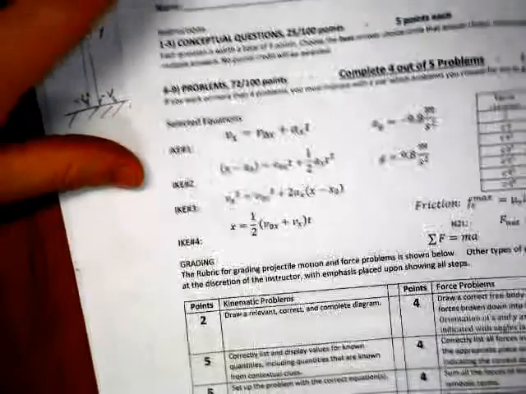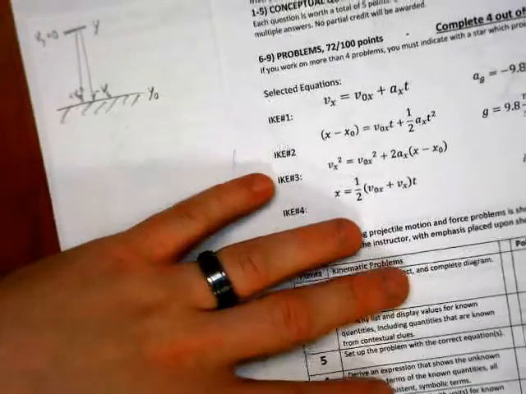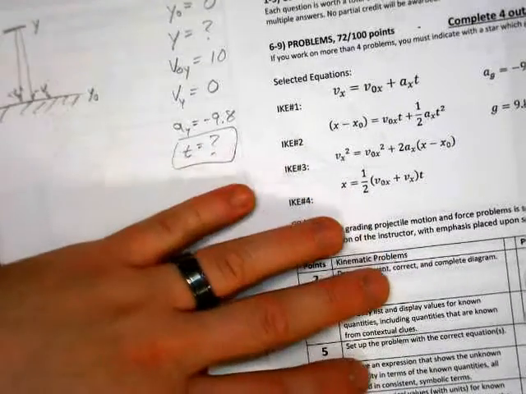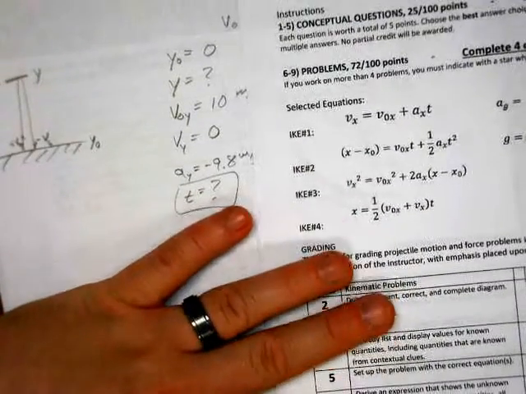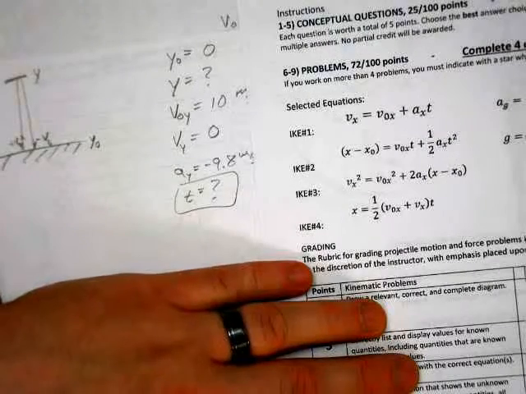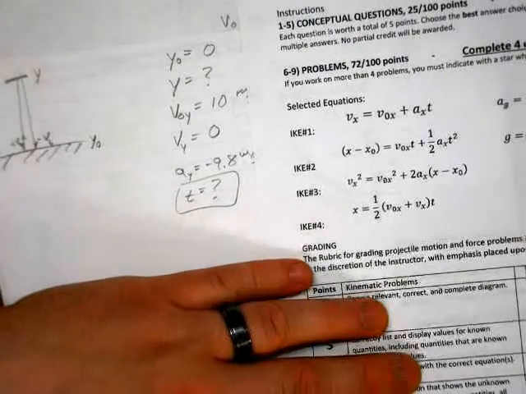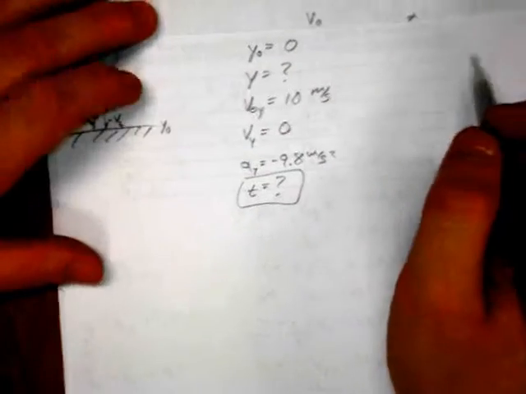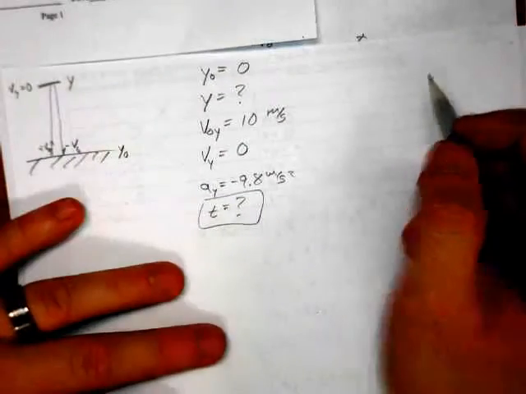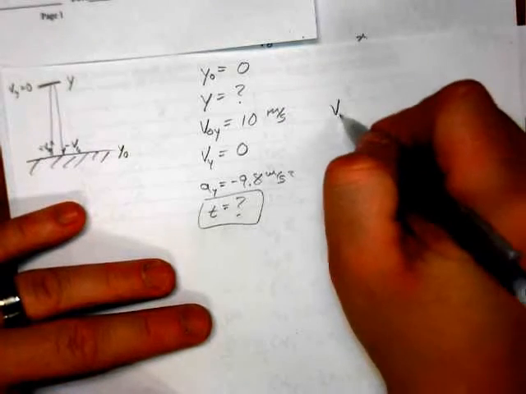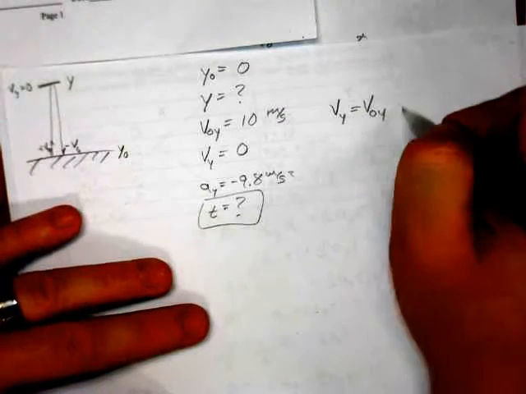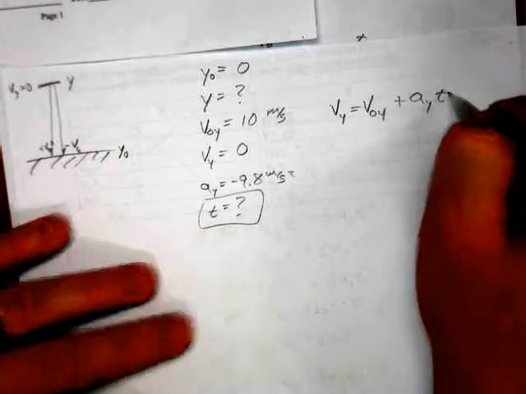All right, I'm looking for my equations. Here we are. So I need to somehow get time from this information. Well, we can just use that equation again, right? So Vy equals V0y plus ayt.